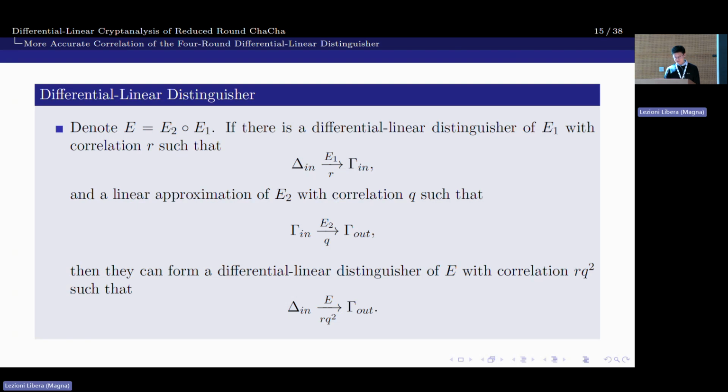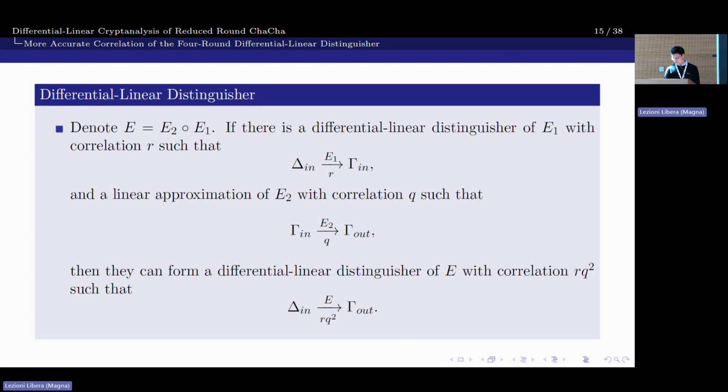Now I introduce our attack on 7-round and 7.25-round ChaCha. For the differential-linear distinguisher, there is a differential-linear distinguisher for E1 with the correlation r and a linear approximation of E2 with the correlation q.